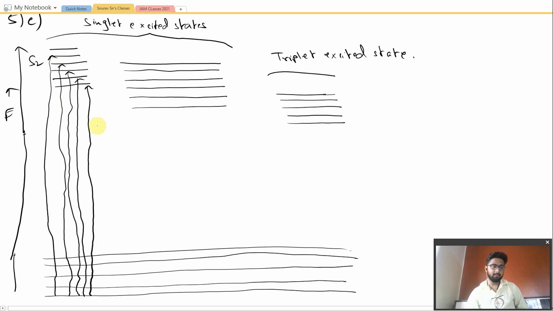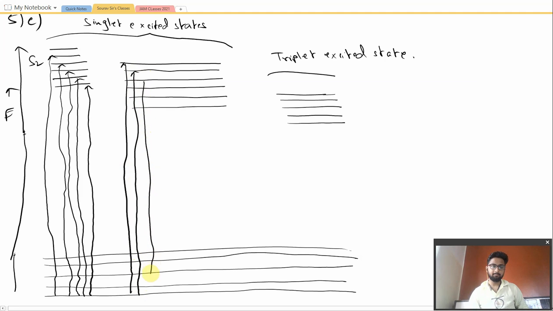Let me draw the other lines also. So this is one line, this is one line, this is one line, this is one, this is one, and this one is the one case.